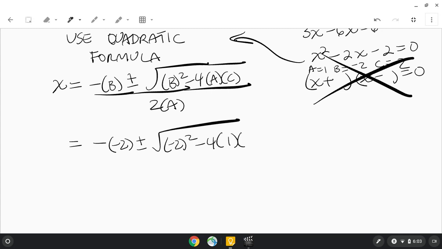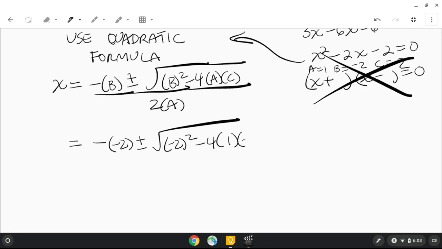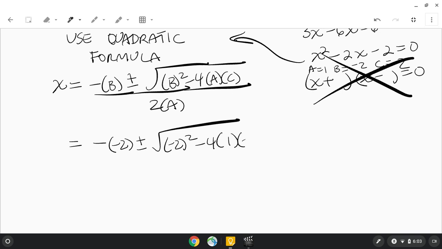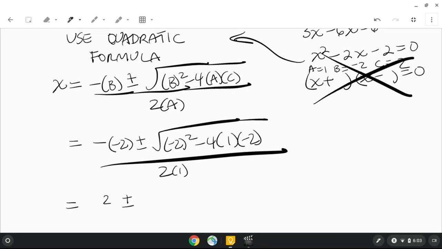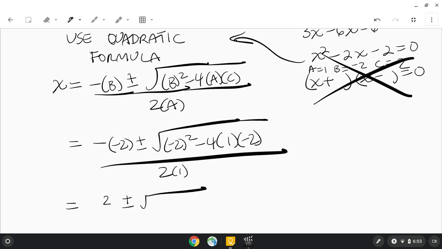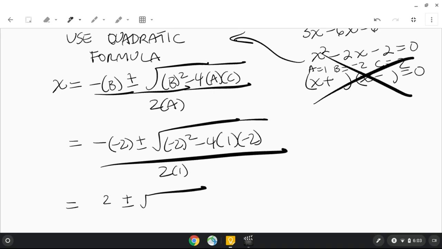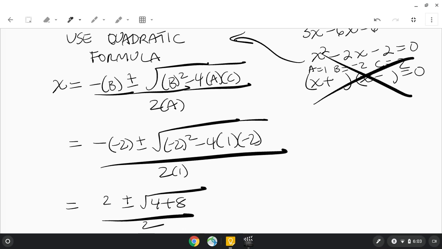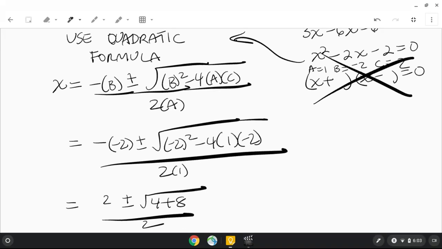A is 1, C is -2, all over 2 times 1. So we get +2 plus or minus square root 4 plus 8 all over 2. So that's 2 plus or minus square root of 12 all over 2.